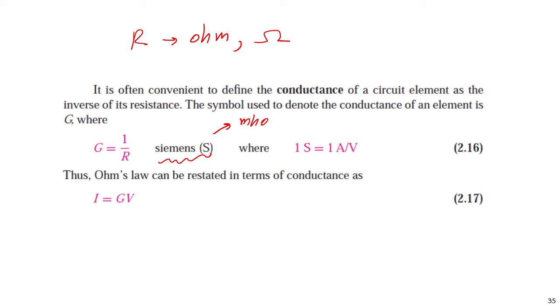The conductance unit is Siemens, S or mho, or sometimes we just turn the omega symbol upside down. So G, the conductance, is equal to 1 over R.